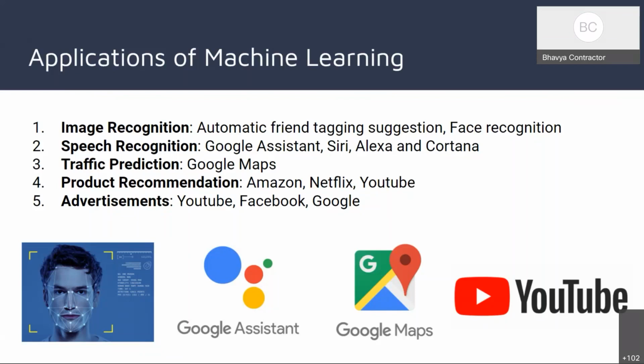Similarly, on Facebook, whatever post you like, the next time you open the app, it shows similar posts for your convenience. And similarly on Google. All of this also involves machine learning algorithms. So these are some very interesting applications of where machine learning is used.